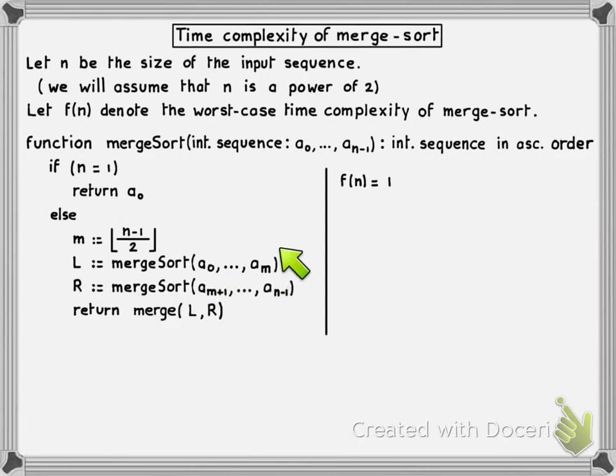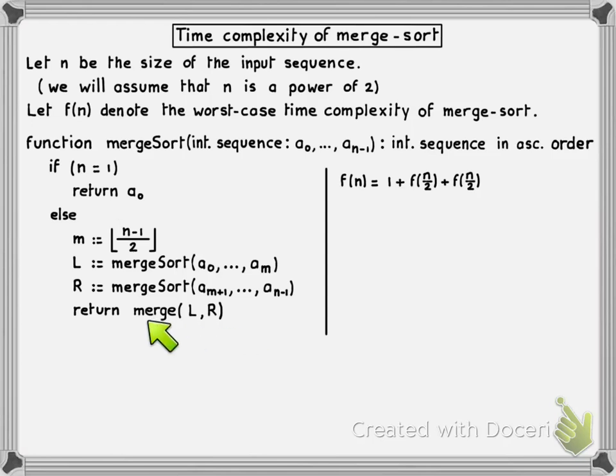So in other words, the amount of work for this recursive call is f of n over 2. Now, of course, we can make a similar reasoning for this line, since the sequence that you pass into the second recursive call has also length n over 2. So here is another f of n over 2 term.